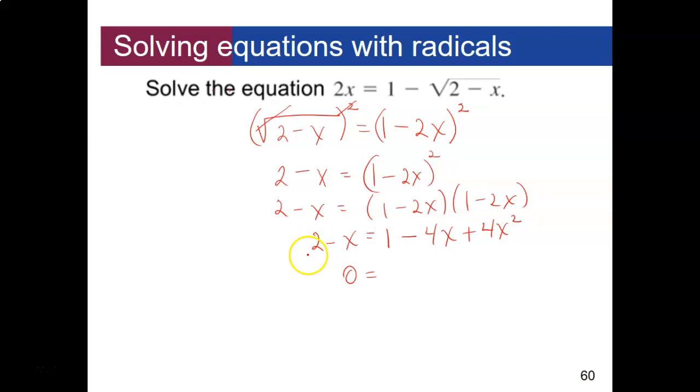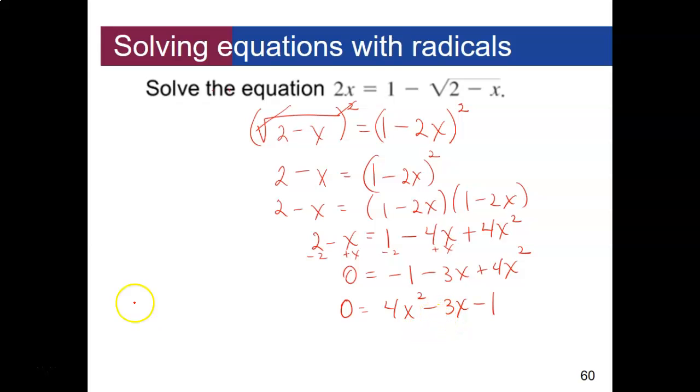If I subtract 2 from both sides, I'll have negative 1. If I add an x, I'll have minus 3x plus 4x squared. I don't like to work with quadratics in that format, so I'm going to put 4x squared minus 3x minus 1.